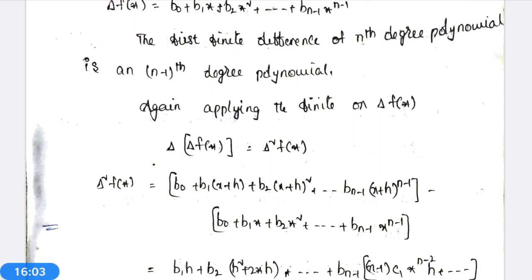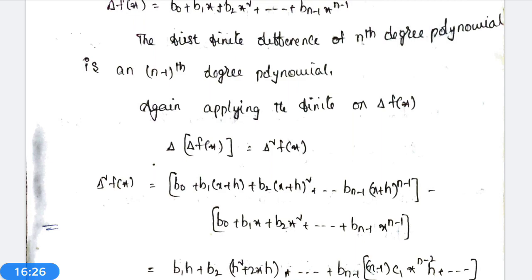Then again expanding the series and cancelling the terms, we get delta square fx, by substituting b1h plus b2h square is equal to c0.